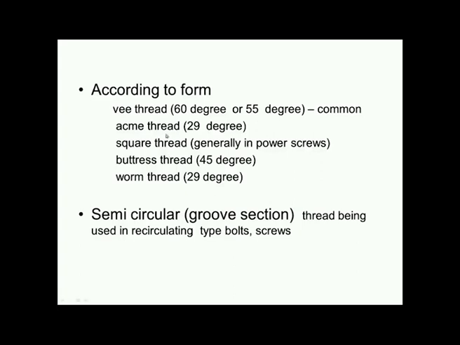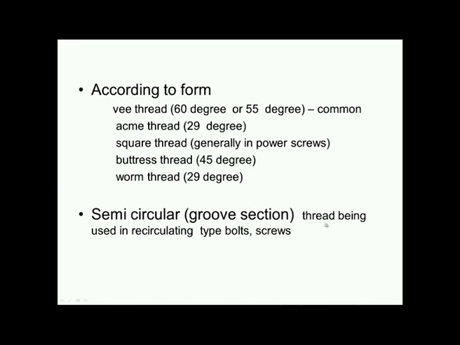According to the form, they are classified as V threads, normally 60 degree and 55 degree thread angle is used. Acme thread, wherein the angle is 29 degree, and square thread, which is generally used in power screws. Buttress thread, worm thread, like this, depending upon the form they are classified, and depending upon whether they are full circle or semicircular threads.